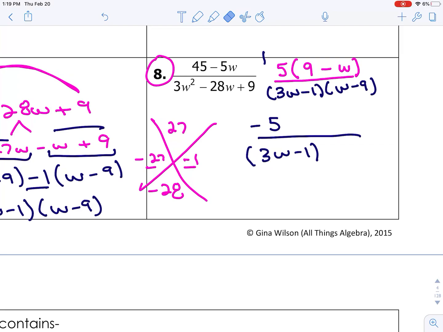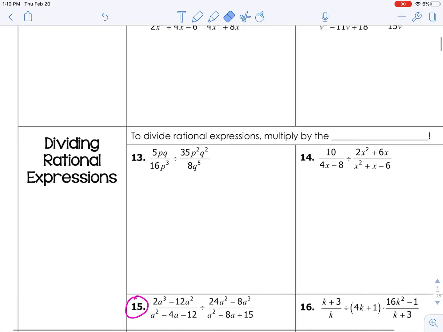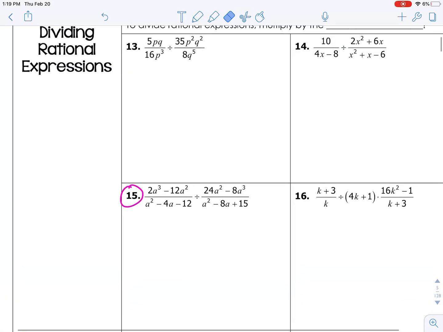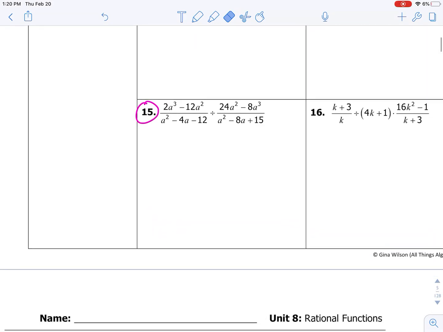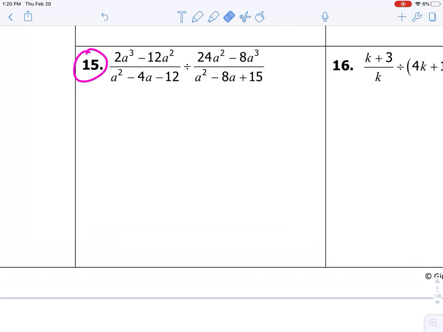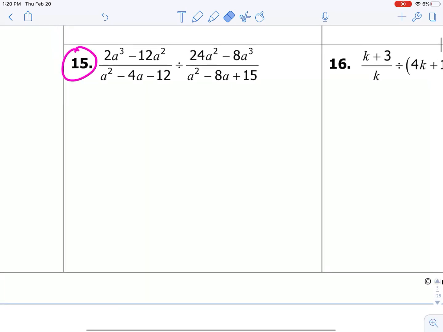And there's the answer. Okay, I wanted to handle those tricky ones and then go down and do just a couple others. Okay, so for this one, for 15, I need to factor anything that I can. So I can tell that all 4 things can be factored here. So the top left is divisible by 2a squared, parentheses a minus 6.